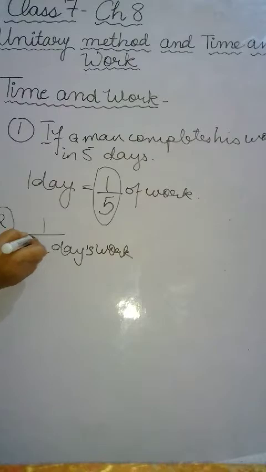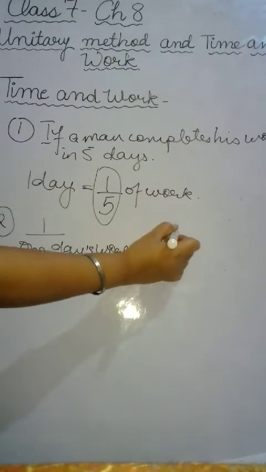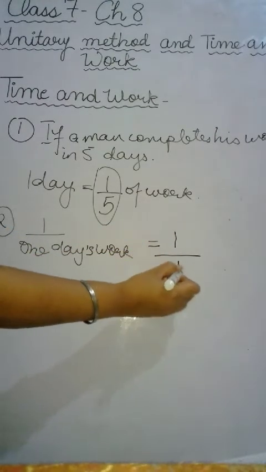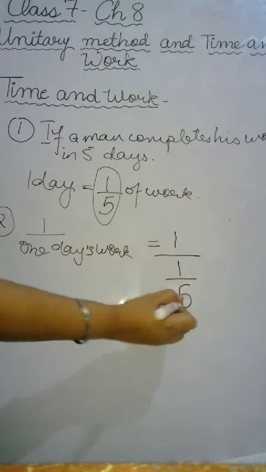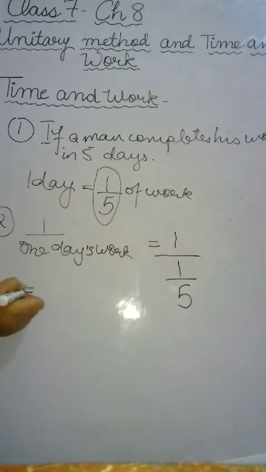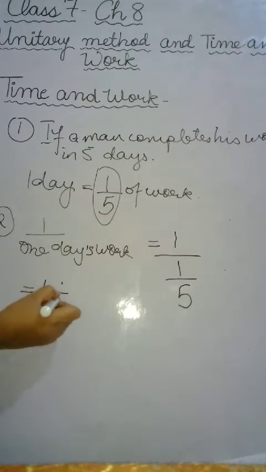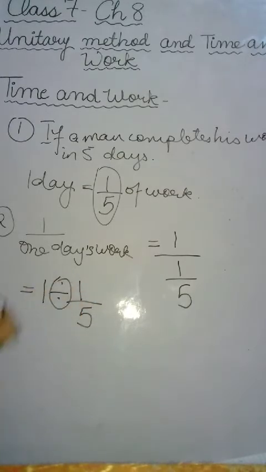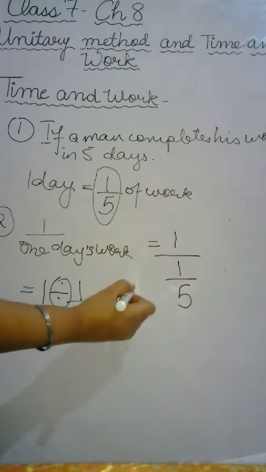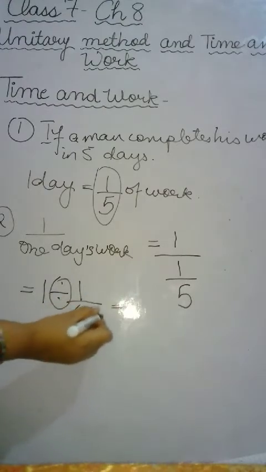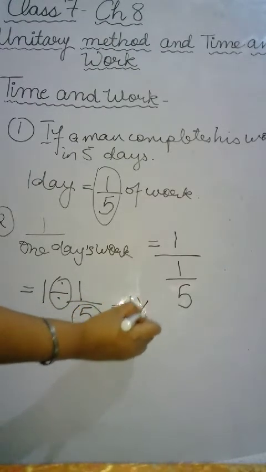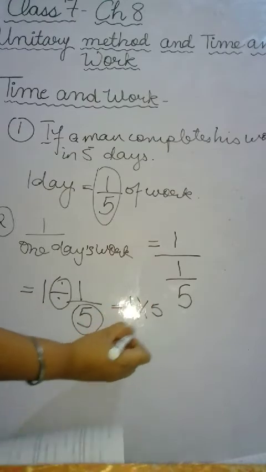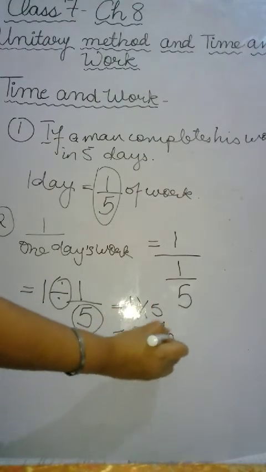Your formula is this: 1 divide 1 upon 5. This divide will change to multiply, and this will become its reciprocal. So it will be 1 multiplied by 5. Your answer will be 5 days.